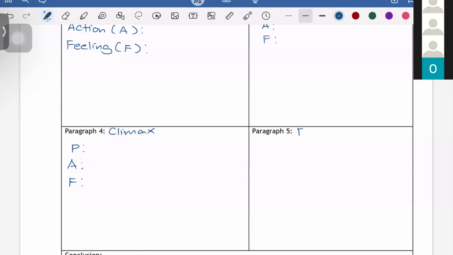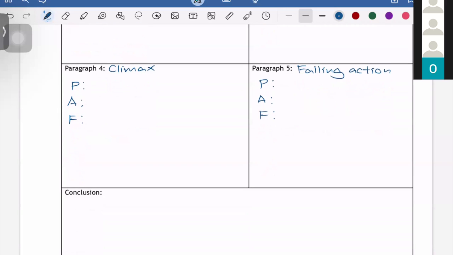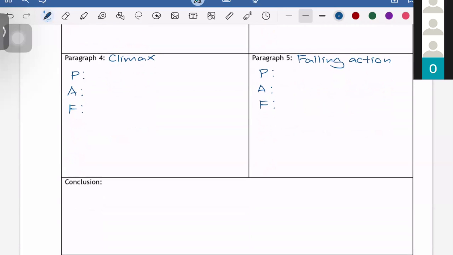And paragraph 5 is the falling action. Conclusion, the resolution. If you have a problem in your essay, in your story, or it can be a reflection.